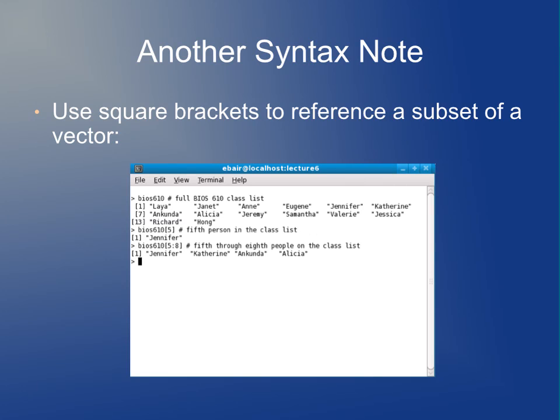If I want the fifth through eighth people on the list, I go Bio 610 of 5 colon 8. I get Jennifer, Catherine, Ankunda, Alicia, the people numbered 5 through 8. In general, if you have a vector in R and use these square brackets and say 1 colon 5, that gives you the first 5, whatever the case may be.